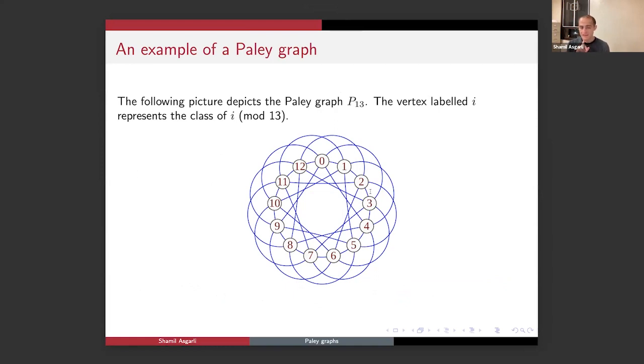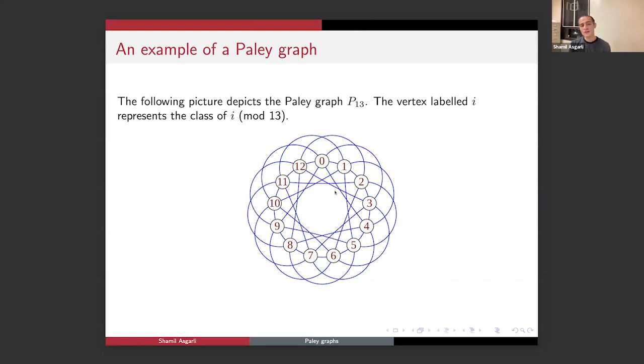What that means is that the vertices are the elements of the finite field of order 13. Because 13 is prime, the finite field of order 13 is simply the numbers from 0 up to 12, with arithmetic mod 13 as the addition and multiplication operations.